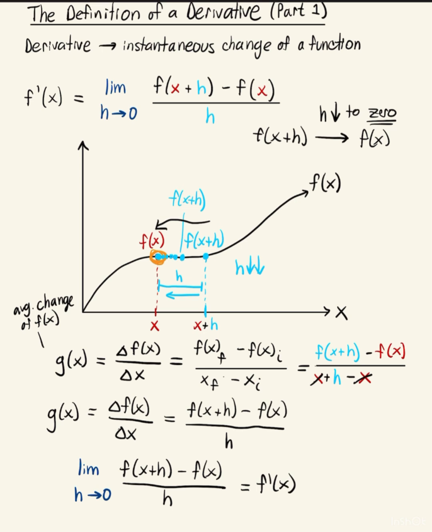And all we did to turn it into an instantaneous change was to take the limit of it as the distance h between those two points got really, really close to 0. And that we could use to define our definition of a derivative right here.